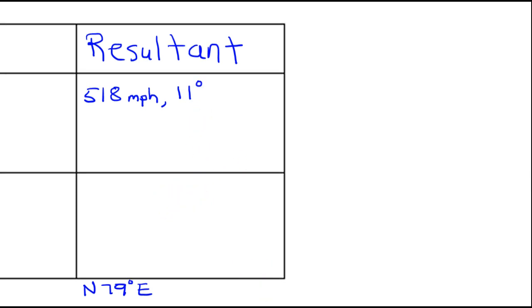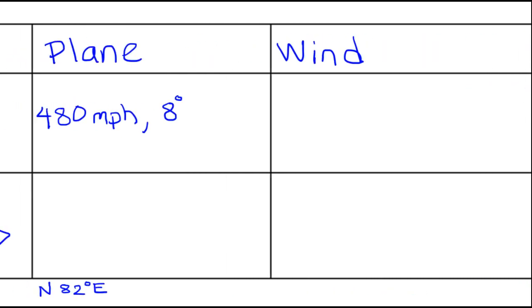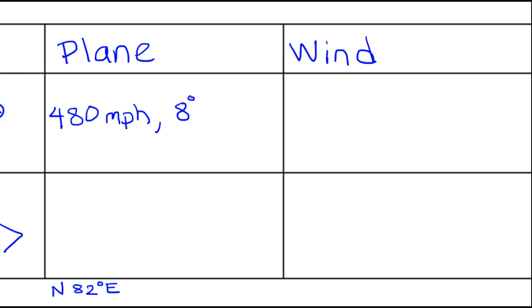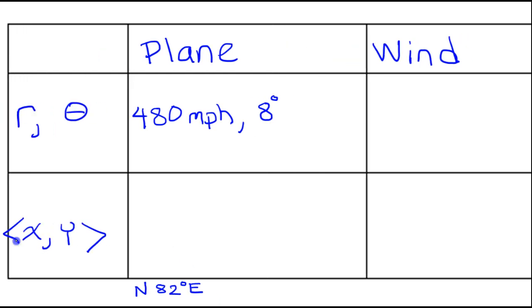Now there's nothing we can do directly with the magnitude and direction. We can't add, we can't subtract. So what we need to do is convert these into component form. You can convert the magnitude and direction into component form by doing r cosine theta for the horizontal component and r sine theta for the vertical component.